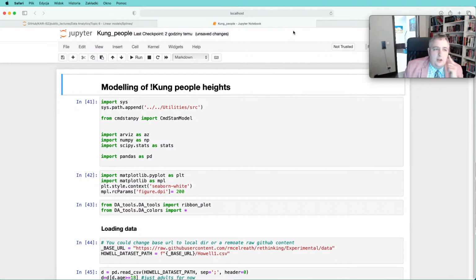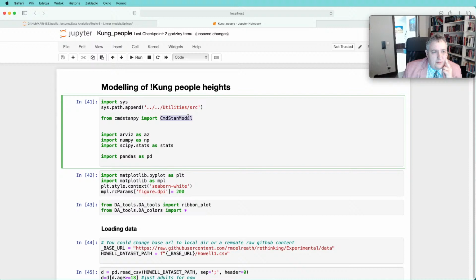We go back to the modeling of Kung people heights, and in our case, what we did here is again an adapted code from last year with certain changes. It is optimized for CmdStan. It uses my mini package of VDA tools that you can use if you want to. If you don't want to, there's no necessity for that.